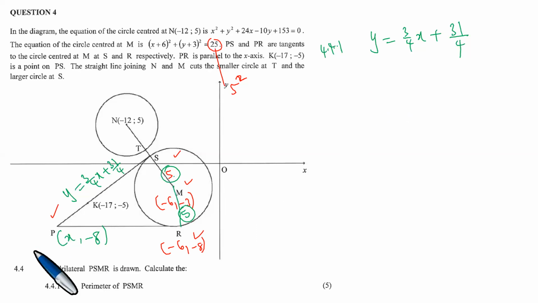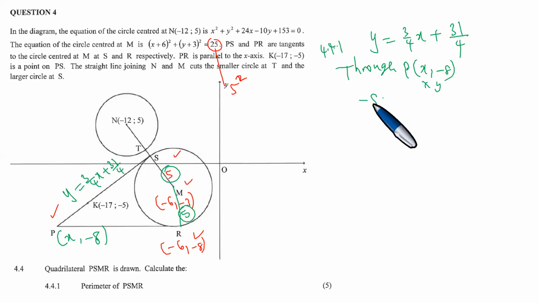This line passes through the point P with these coordinates. You plug them into that. So this gives an x and a y to plug into the equation of the tangent PS. Which means y is actually -8, and this is 3 quarters of x plus 31 out of 4.